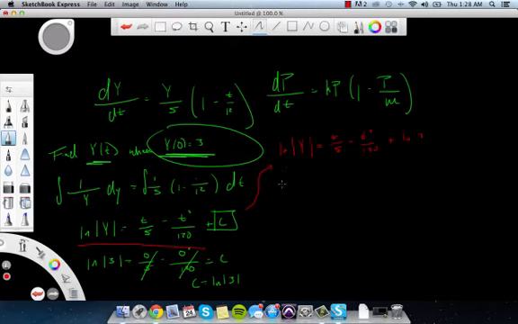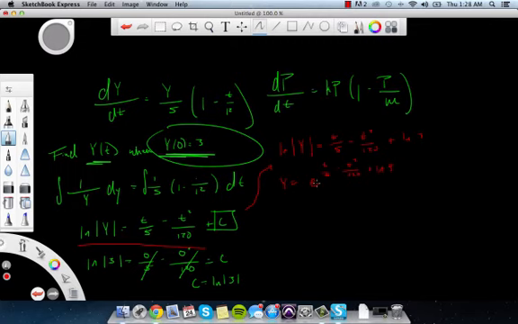Exponentiate, and we end up with y is equal to e to all of this: t over 5 minus t squared over 120 plus the natural log of 3.